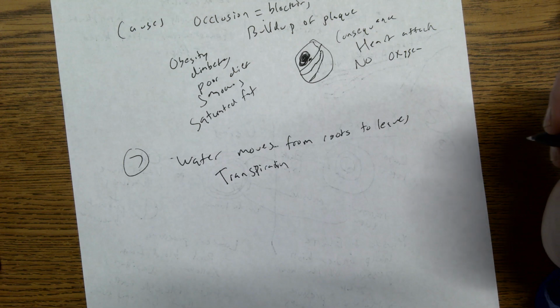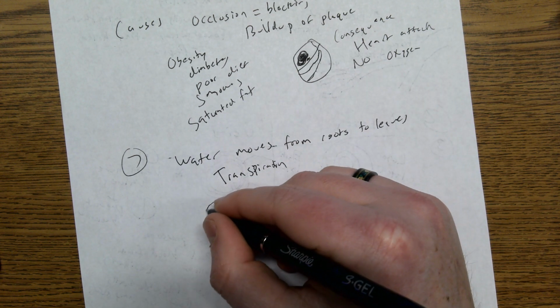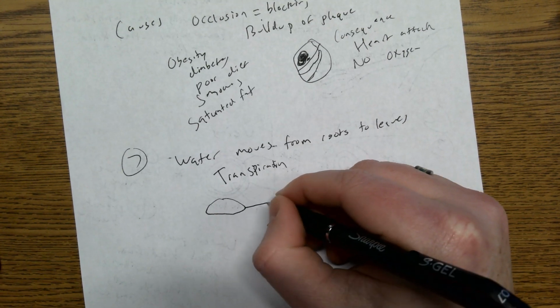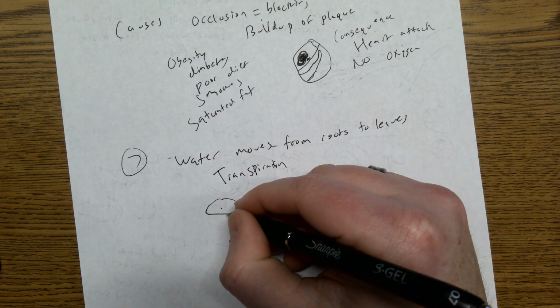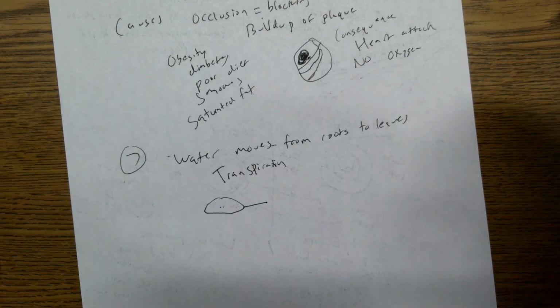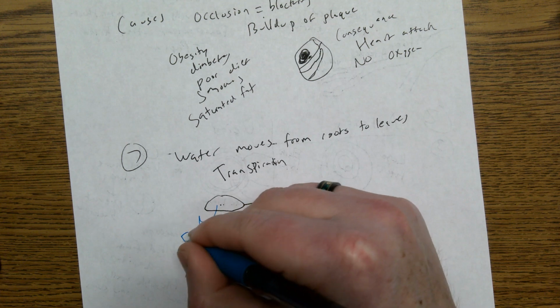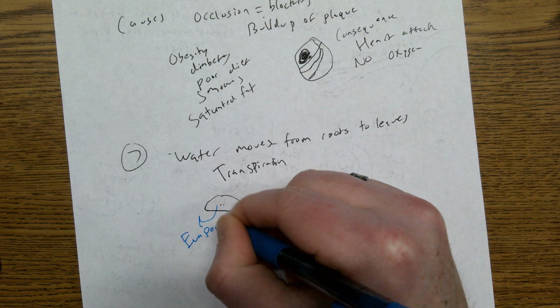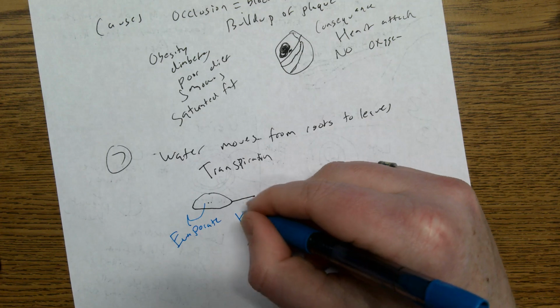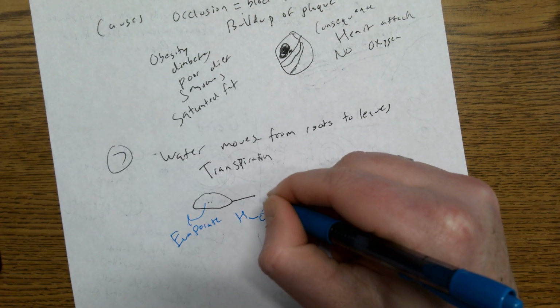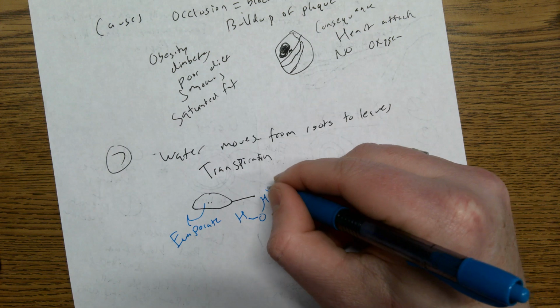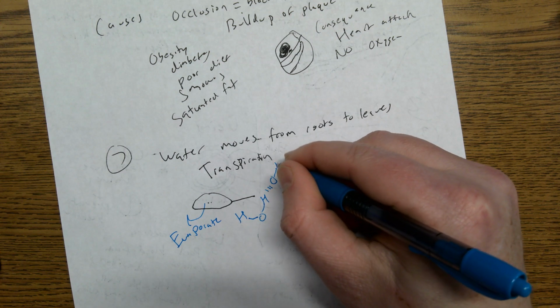And so what happens is you have a leaf, right? And we learned in the gas exchange unit that that leaf has little holes in it. And the water is going to evaporate out of the leaf. And as the water evaporates, it was hydrogen bonded to another water molecule.